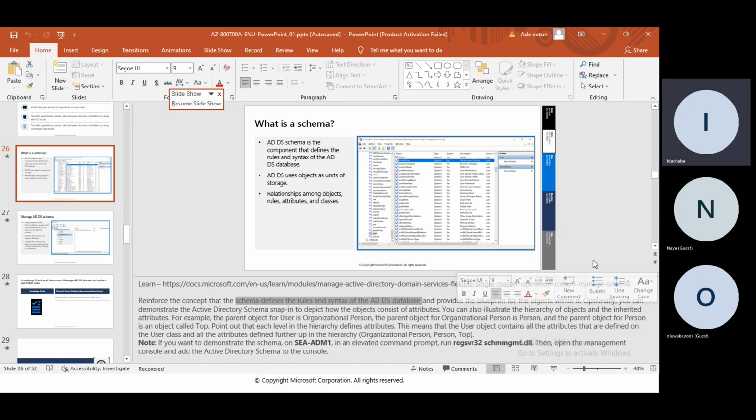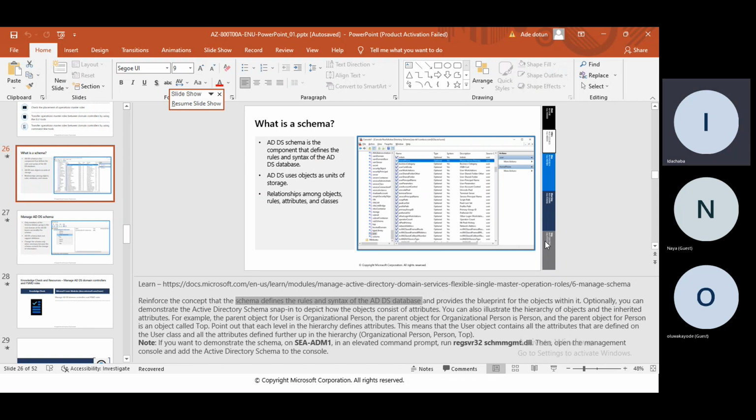Optionally, you can demonstrate the Active Directory Schema snap-in to depict how an object consists of attributes. You can also illustrate the hierarchy of objects and the inheritance. So this is just given. Okay, so it's also saying something there.